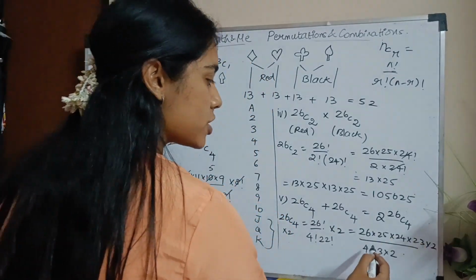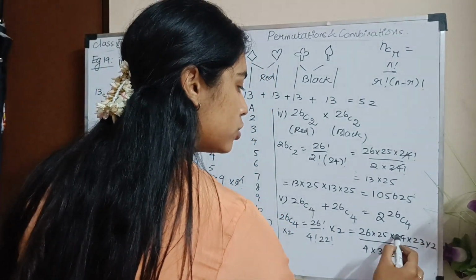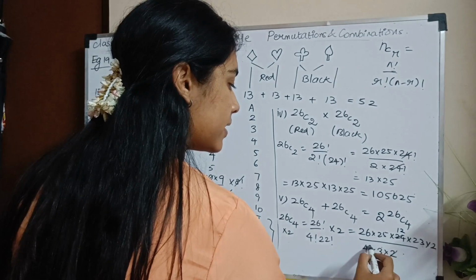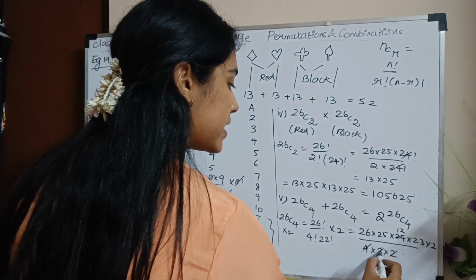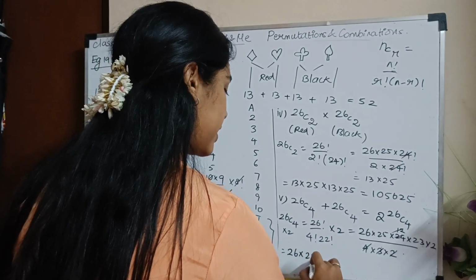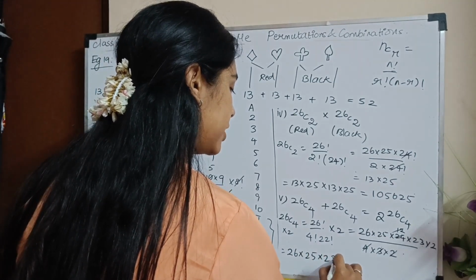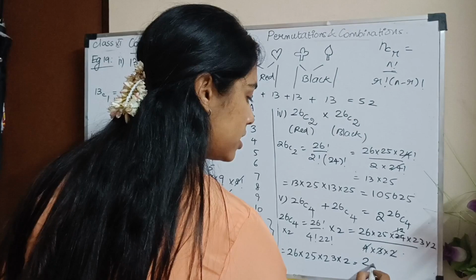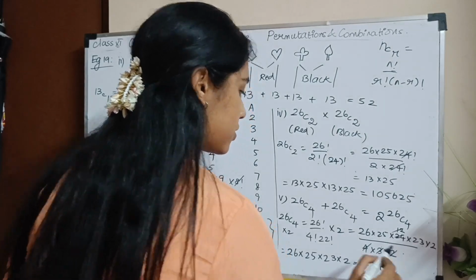Don't forget the 2. So what do I have? 2 12s are, then 4 3s are 12. So I'll be left with 26 into 25 into 23 into 2. So my final answer will be 29900. Okay.